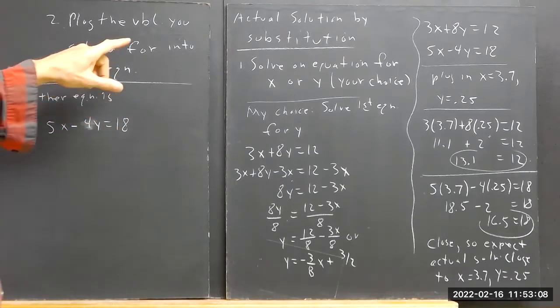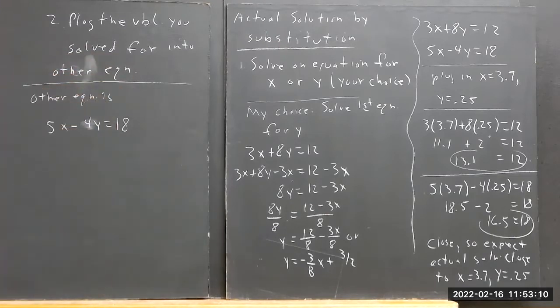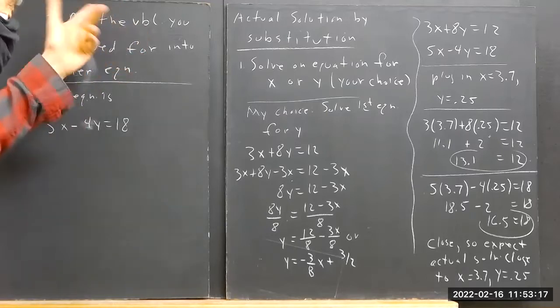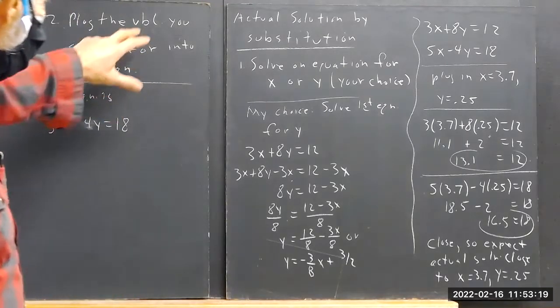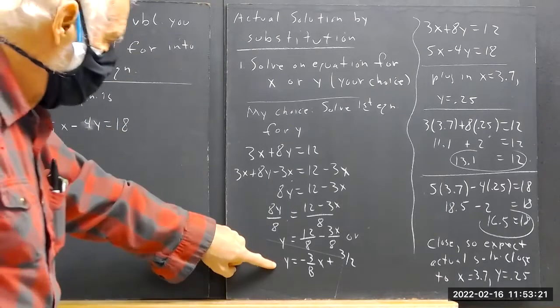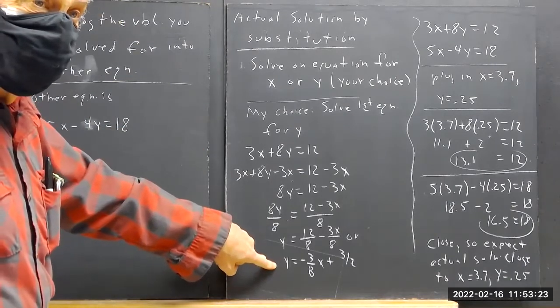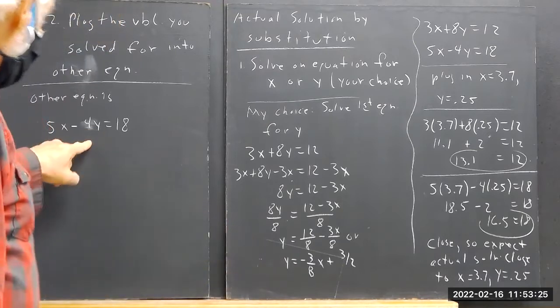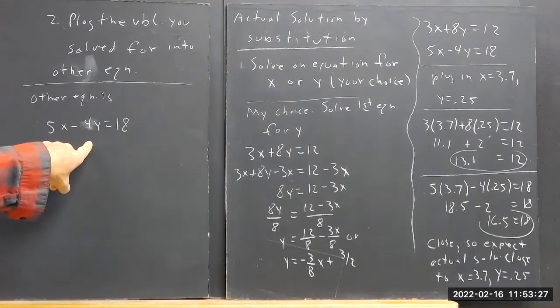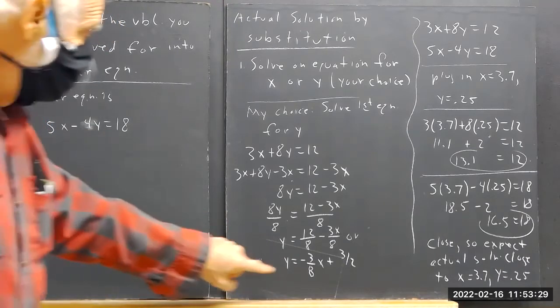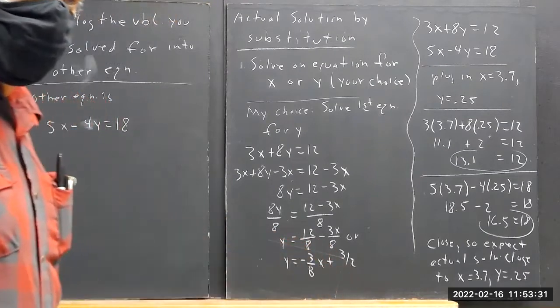Now, you're going to plug the variable we solved for. Well, that means you solve for y, right? I'm not going to plug y in here because that wouldn't change anything. But y equals negative 3/8 x plus 3/2.